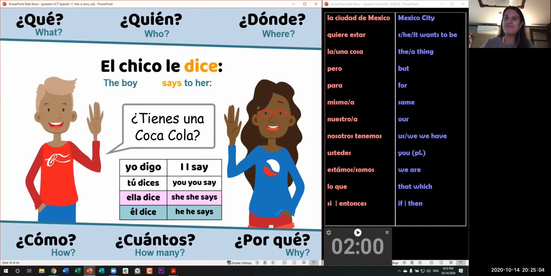Y el chico George le dice, ¿tienes una Coca-Cola? ¿Qué le dice George? George dice, ¿tienes una Coca-Cola?